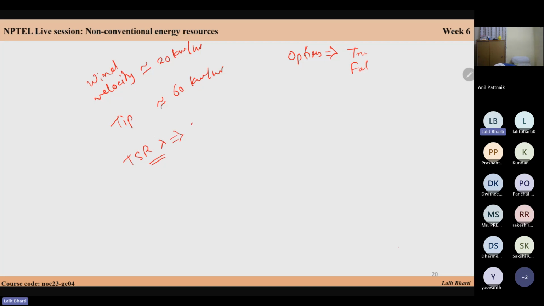Lambda is your tip speed versus your wind speed. So the tip speed is 60 and the wind speed is 20, so you will get lambda equal to 3. Now, 3 is not possible, because it will be less than 1 in most cases and greater than 1 in very few cases, but still it will not go up to 3.